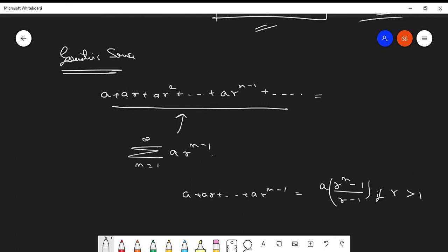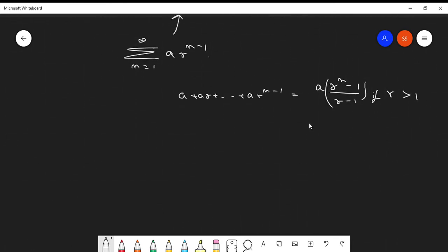And if r is less than 1, then we write this as a times 1 minus r to the power n over 1 minus r, right? Now what we need to find out is when the series will diverge and when it will converge.